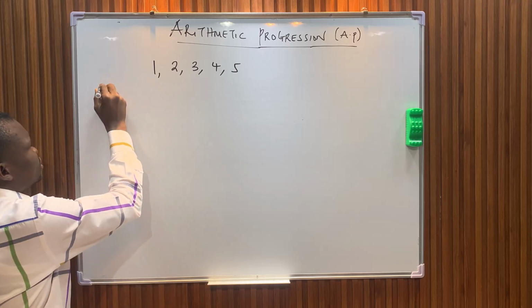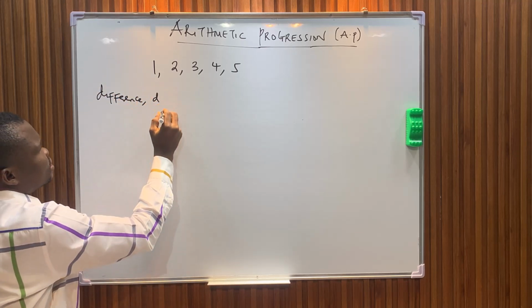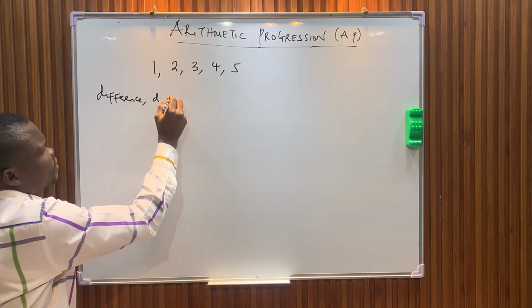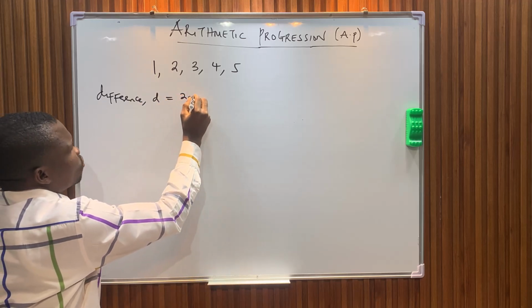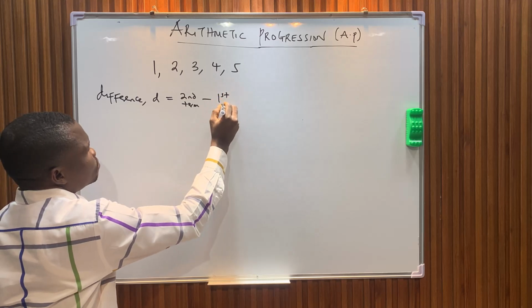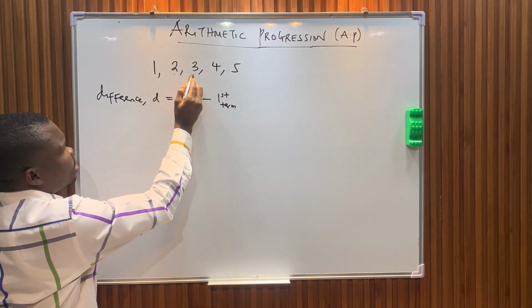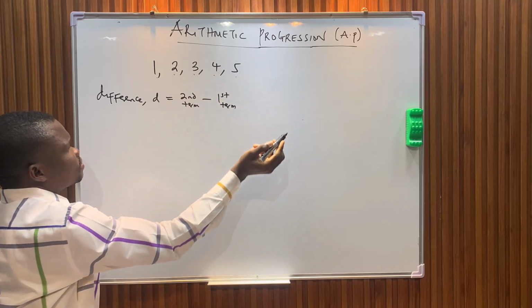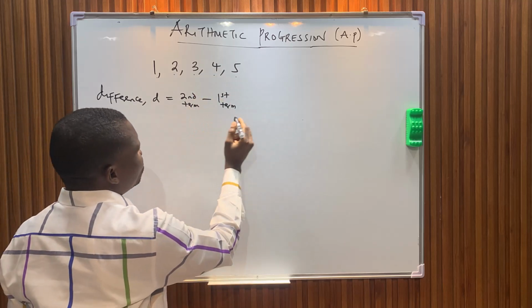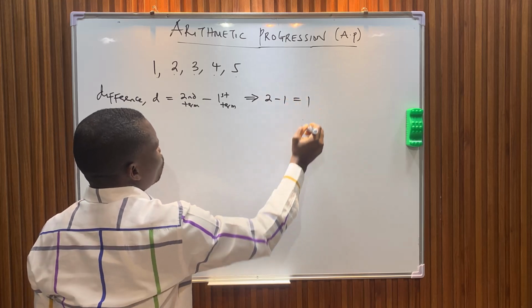Let's say the difference is D between the consecutive terms. The difference here can be the second term minus the first term. This is the first term, this is the second, this is the third, this is the fourth, and this is the fifth. So the second term minus the first term gives us 2 minus 1, and that gives us 1.